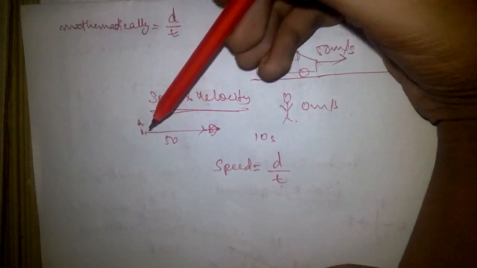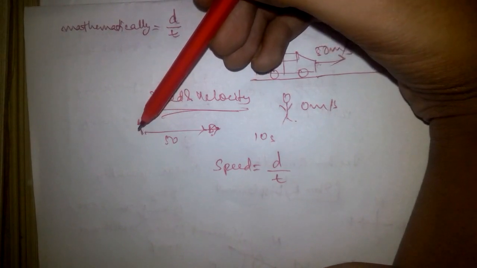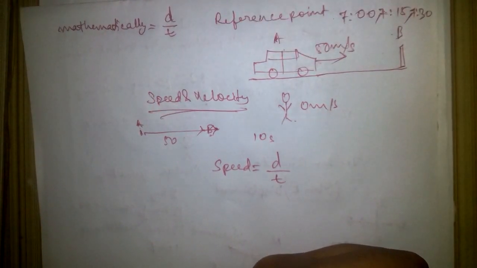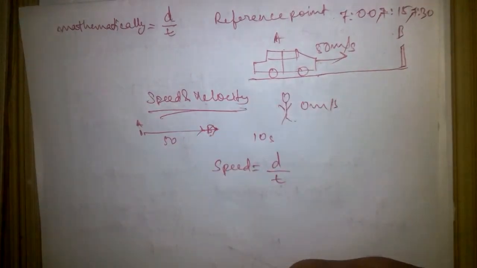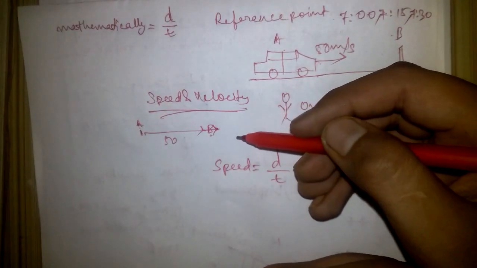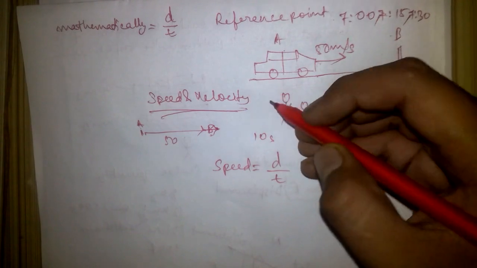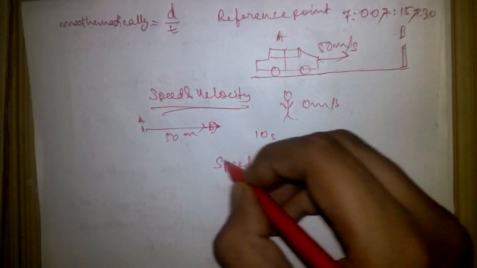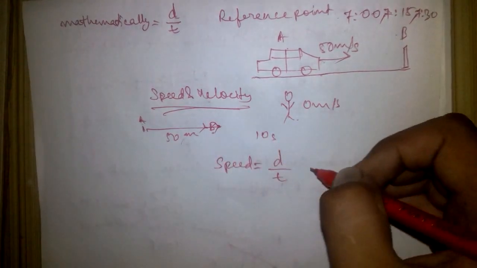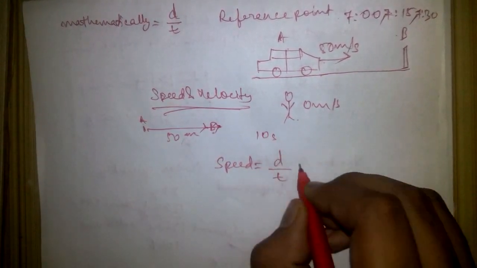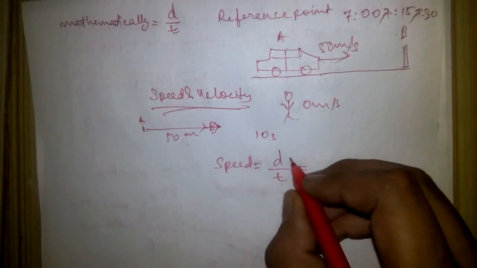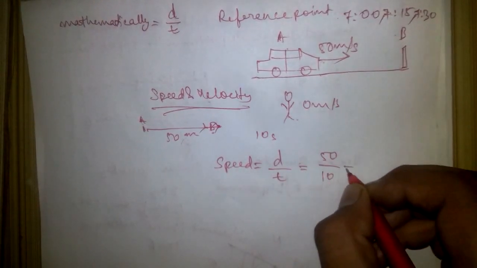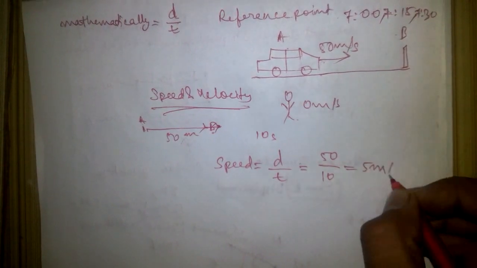So the object A has traveled 50 meter in 10 seconds, and its speed will be d by t. Here d equals 50 meter, the distance, and t equals 10 seconds, the time. So its speed is 50 divided by 10, equal to 5 meter per second.